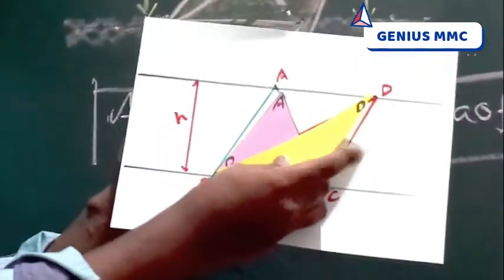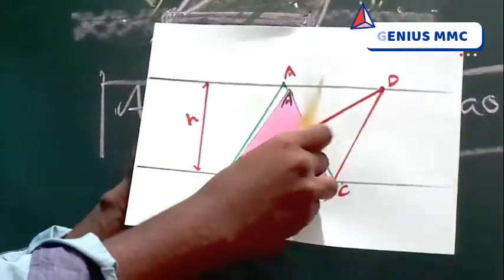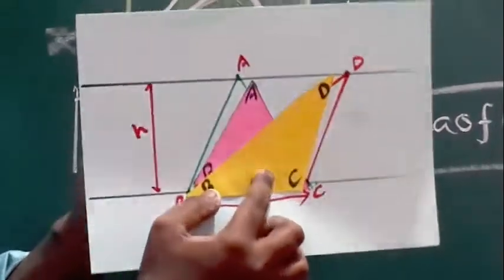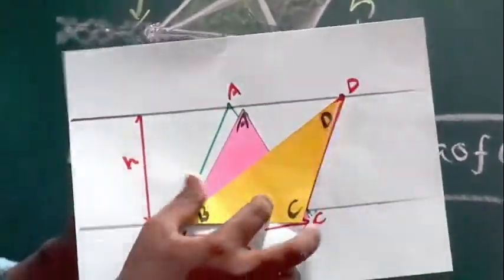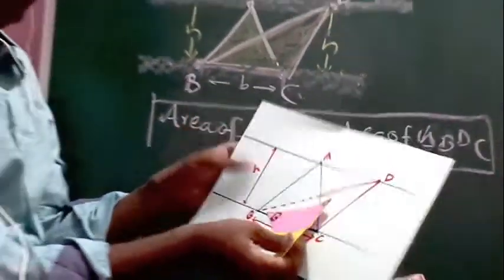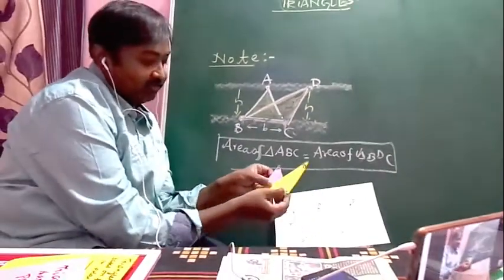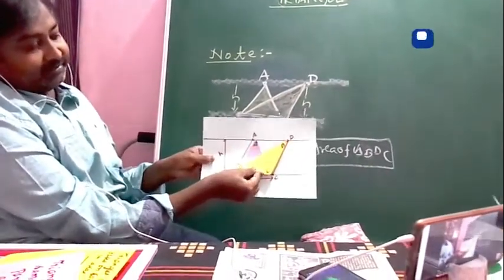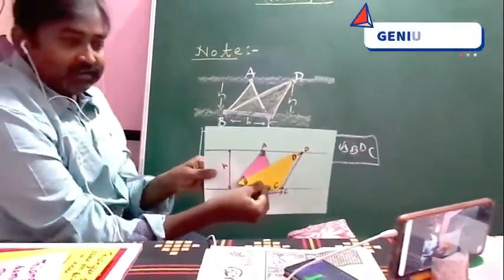Now this is ABC, the pink color triangle ABC. The yellow cut triangle is BCD. Both are standing on the same base and the same parallels, so the areas are equal.